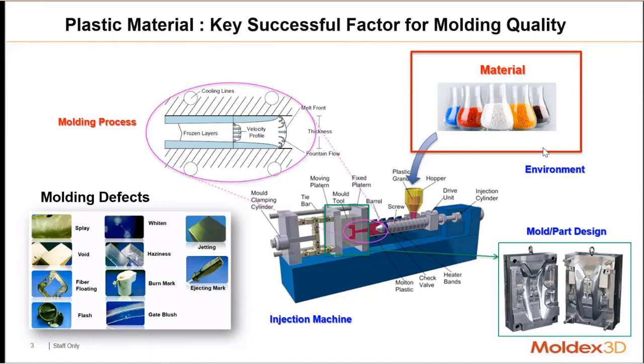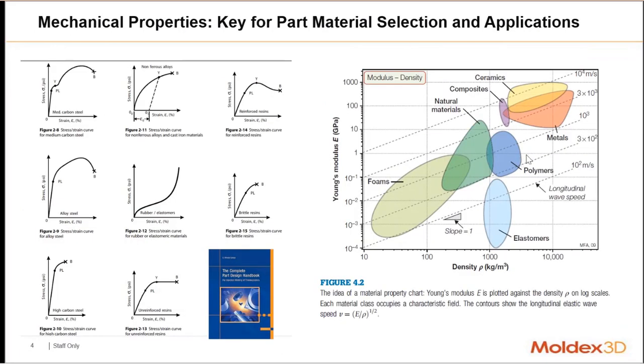And the material plays a very key role. Usually the reason we choose a specific plastic material for molding is based on its performance. This means mechanical property is usually the first property we need to check before we select it as a molding material.